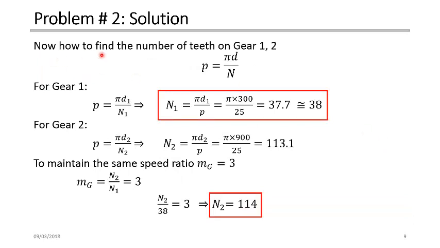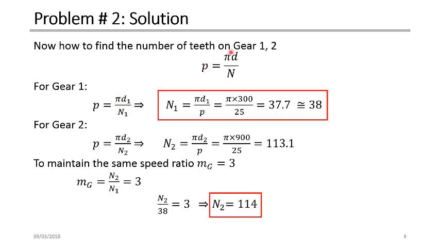Now, how to find the number of teeth on gear 1 and 2? We've been given the circular pitch. Circular pitch is equal to pi multiplied by D, the pitch circle diameter, divided by the number of teeth, capital N. So for gear 1, we know that P is given as 25. So P is equal to pi multiplied by D1, the pitch circle diameter of the first gear, divided by the number of teeth of the first gear.